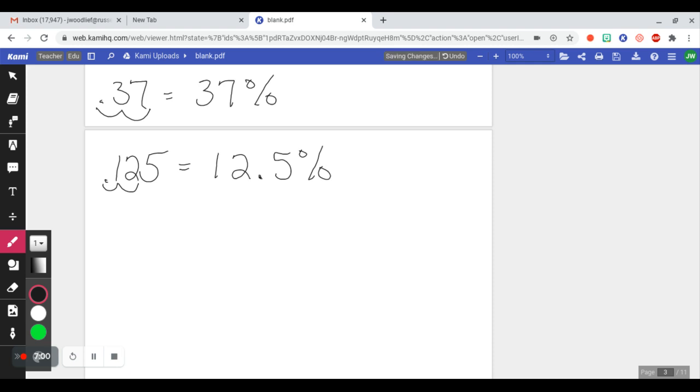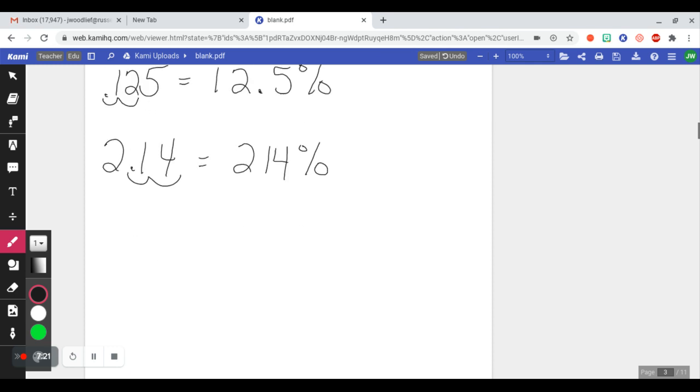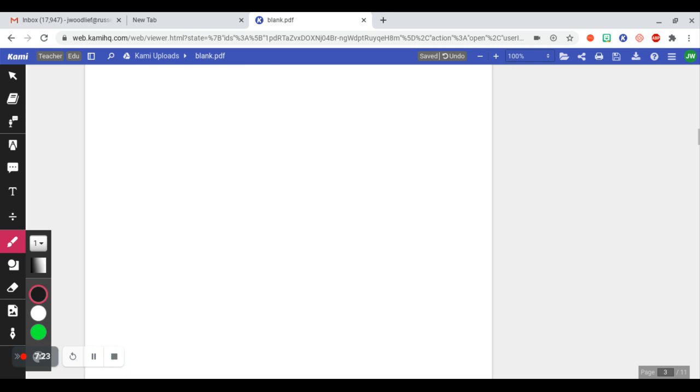Okay, what if there was a whole number out in front? Let's say we had 2.14. When I move that 2 places over, I get 214%. Okay, again, it still moves 2 places, so therefore it becomes 214%.